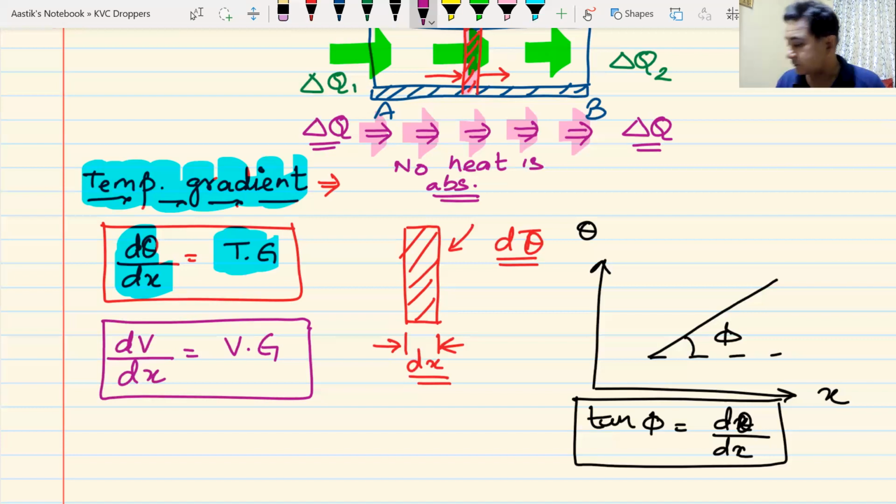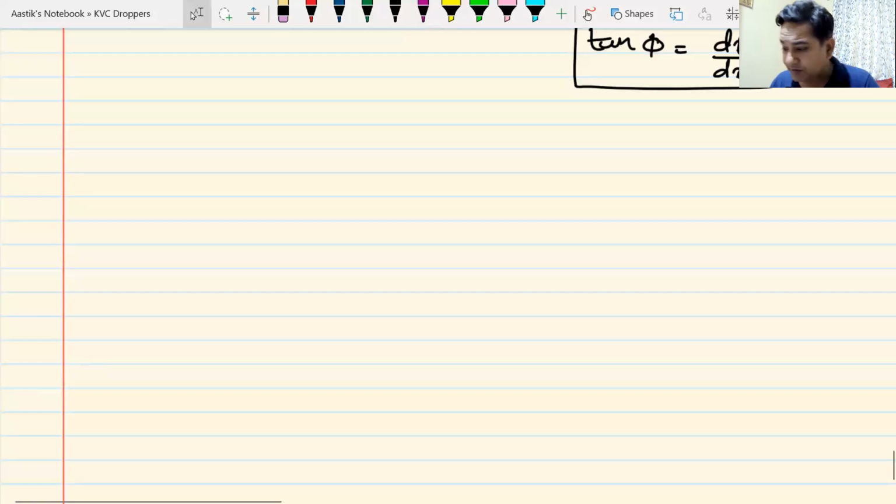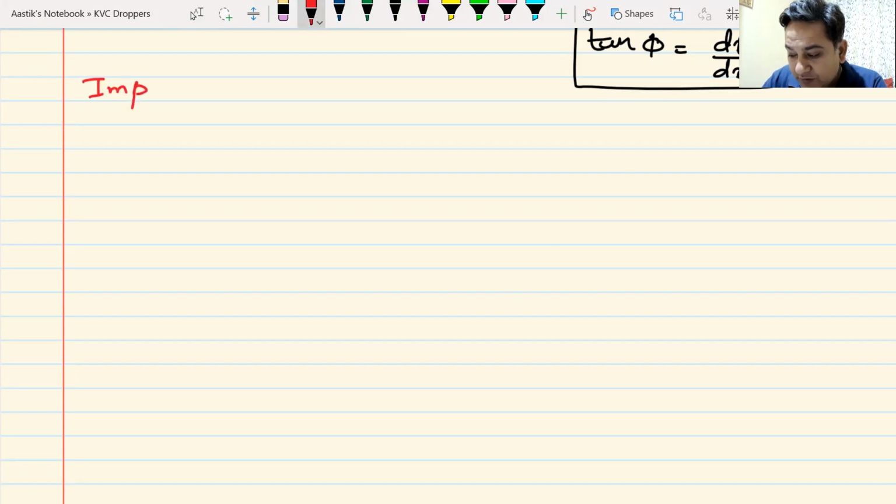Now, let us try to write the important points about this steady state, and we should not forget this point because questions will come in your exam based on these, and everything depends on whether you have understood these points on steady state or not. Point number one, what happens in steady state?